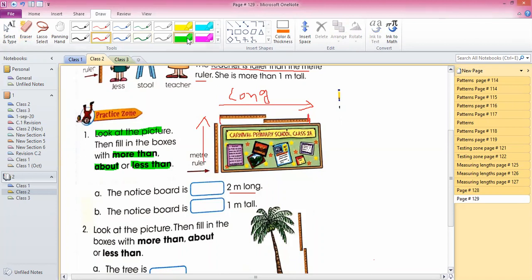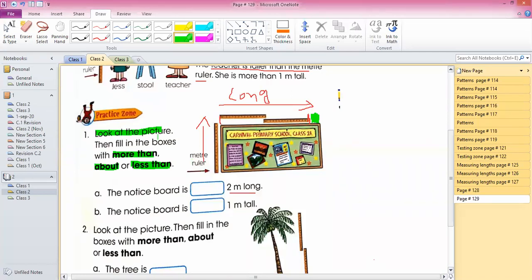Still you can see the notice board is long. So the answer is yes, the notice board is more than 2 meter long, because you can see that this board is longer than 2 meter. The notice board is bigger than 2 meters.